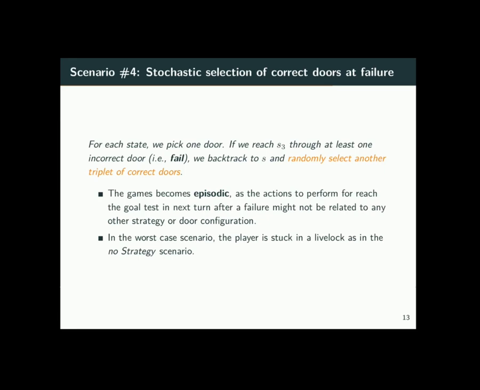And so, as a consequence, the game becomes episodic, because no matter how I choose the rule, the goals before, I cannot build up a rule for applying a strategy in the next configuration. So all the information that I acquired to know whether a given configuration was effective or not is completely pointless. So I was playing the game, and then I just need to pick at random, as the behavior of the environment is random itself.